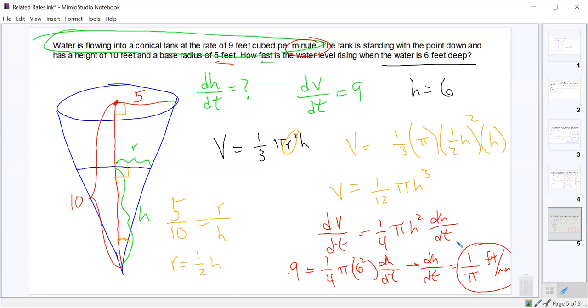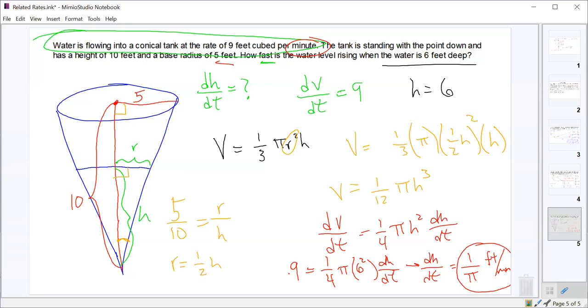Good or no? Questions there? Everyone good? Good. That's related rates. That's the basics of it. They can be a little more complicated than this, or they can be easier, like the ones we did at the beginning.